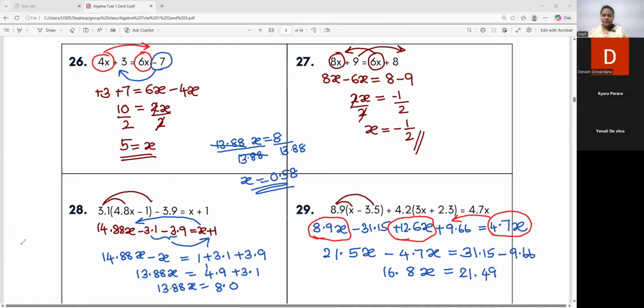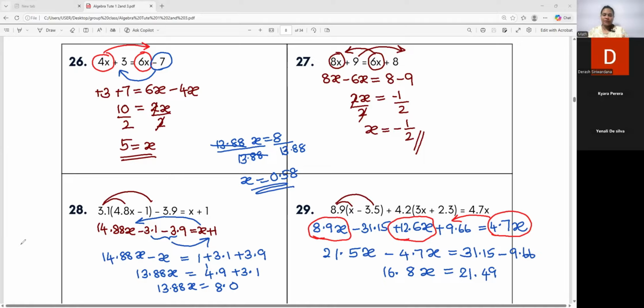Other one: 8.9 plus 12.6 minus 4.7 is 16.8, correct. Then divide both sides by 16.8. 21.49 divided by 16.8. The answer is again a long decimal, 1.27916, with 6 recurring. Write the answer correct to 2 decimal places.